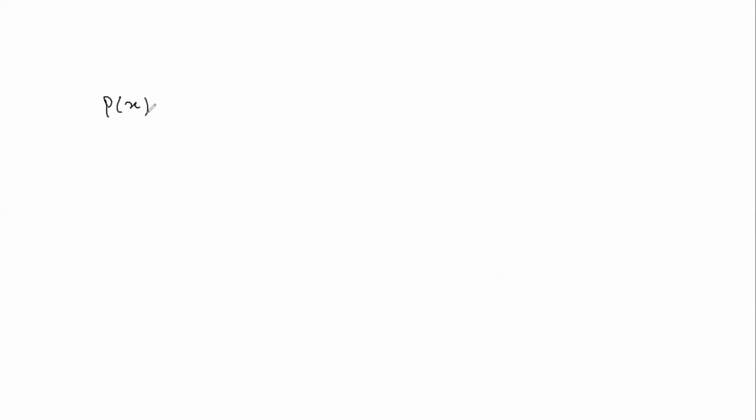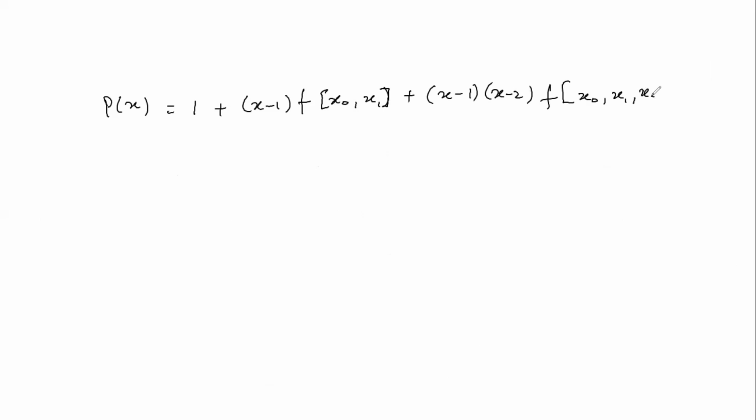So our P of x will now be 1 plus s minus 1, f of s0, s1, plus s minus 1, s minus 2, f of s0, s1, s2. And then we already know these values. We know this is 3, this is 1.